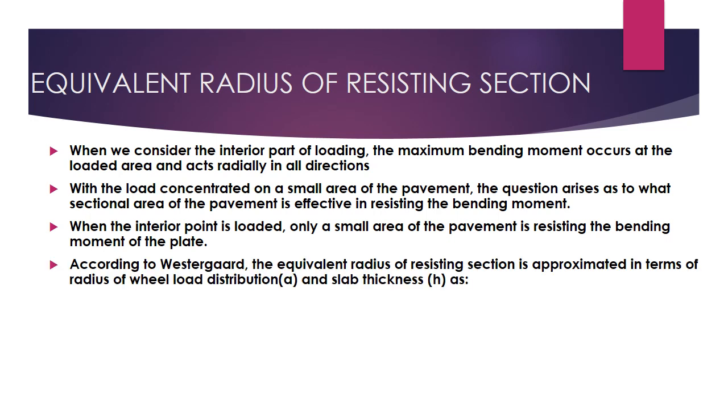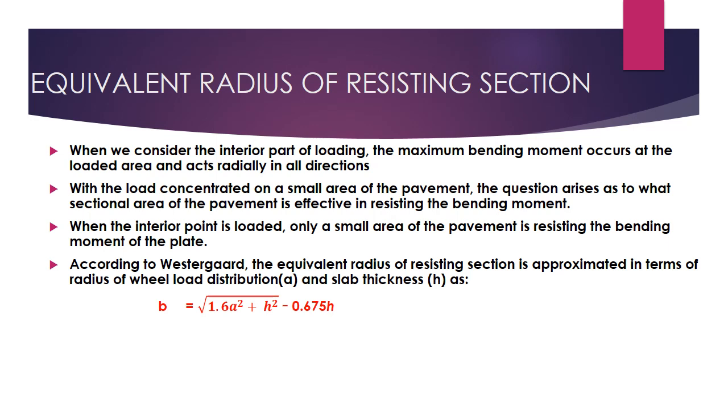Then according to Westergaard, the equivalent radius of resisting section is approximated in terms of the radius of wheel load distribution a and the slab thickness h, and he has given a formula.